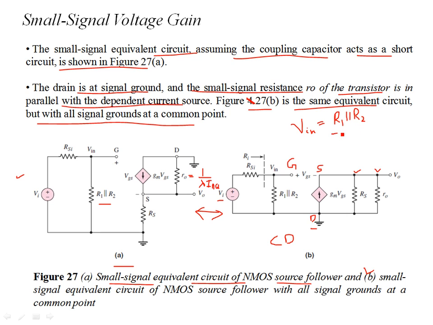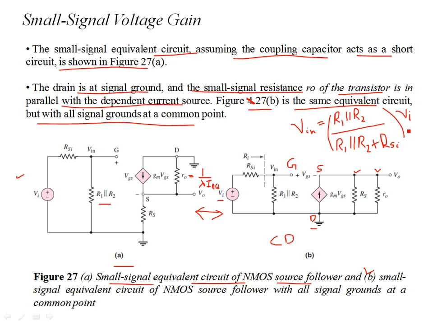So I can write this as R1 parallel R2, divided by R1 parallel R2 plus RSI, which means that there is a loading. So you don't have the entire input signal Vi present at Vg at the gate terminal. It's a fraction of the input AC signal Vi.